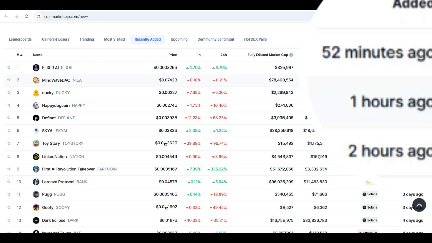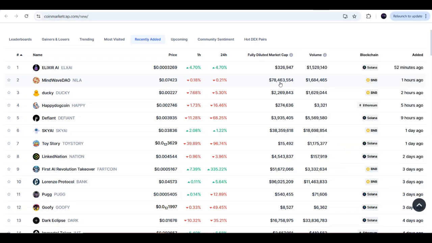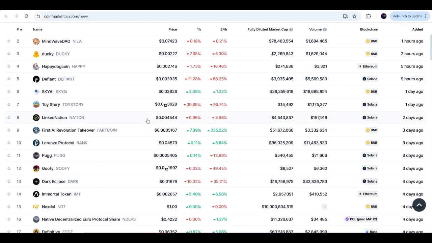So 52 minutes ago, this token was added to CoinMarketCap. You can check that; maybe it's a good coin. It's a great tool, actually, showing you a list by price and time frames.